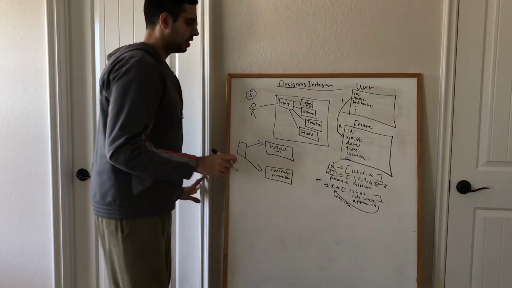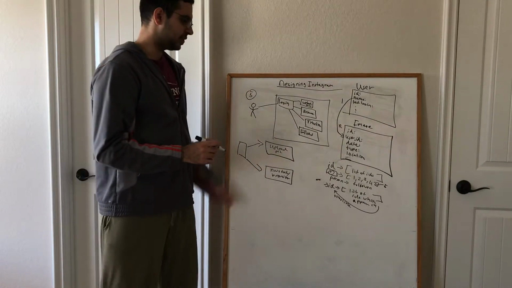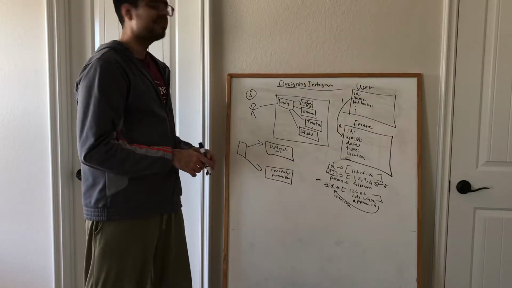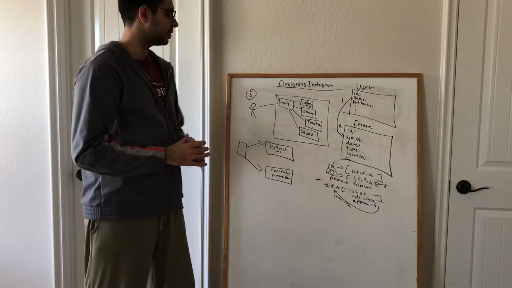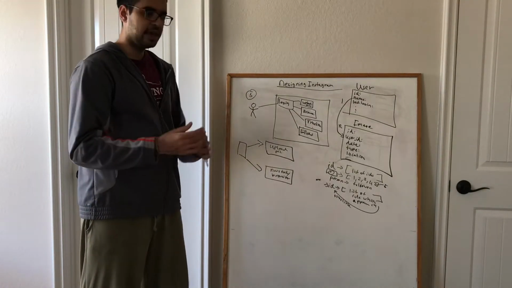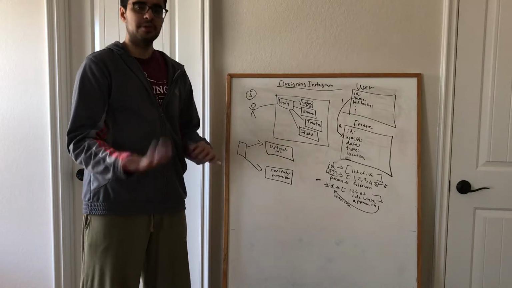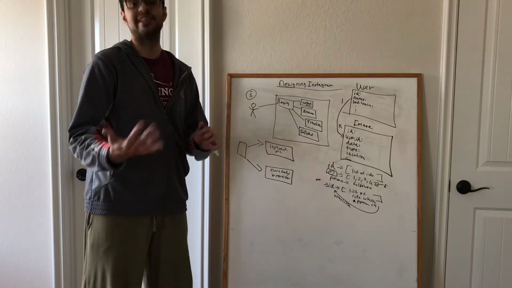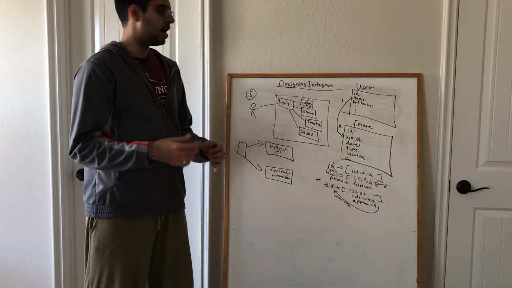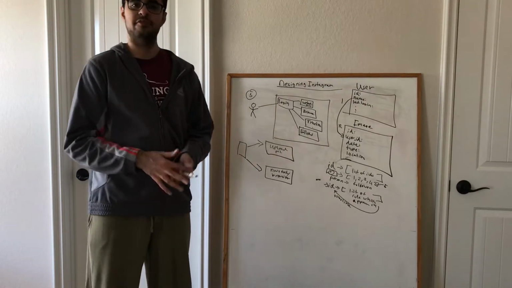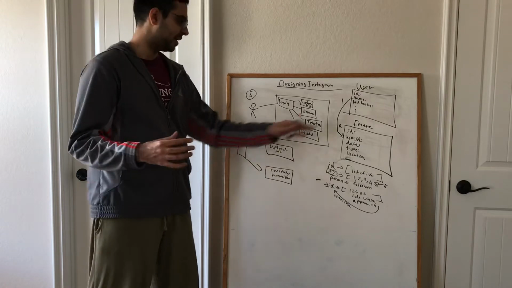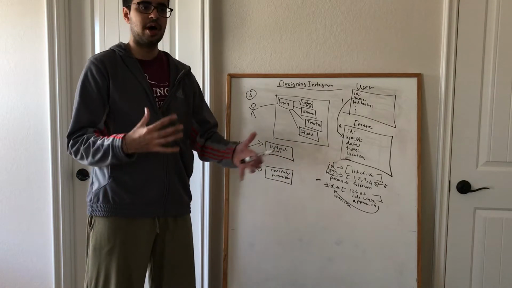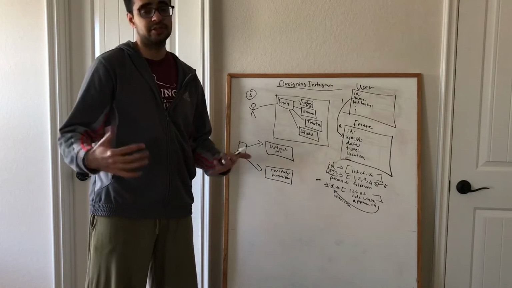Another thing that we would want in the system is redundancy or durability. What I mean by that is, when a user uploads a picture, that user wants that picture to persist in the system. For example, if one of our servers crashes or our data store crashes, we don't want that picture to be lost.